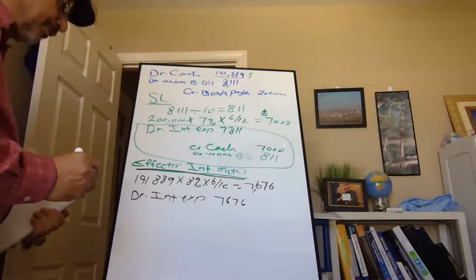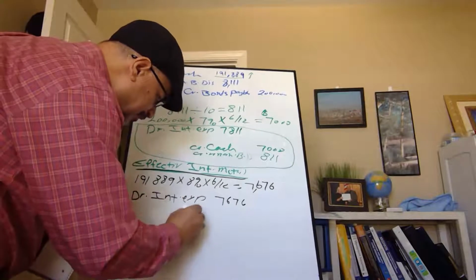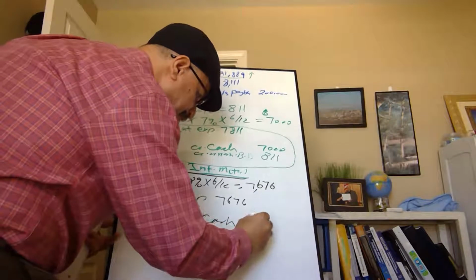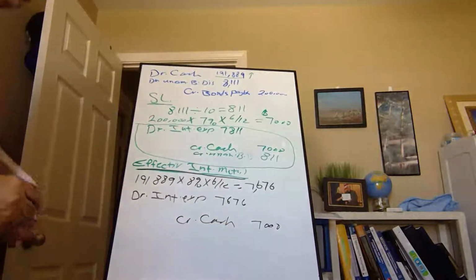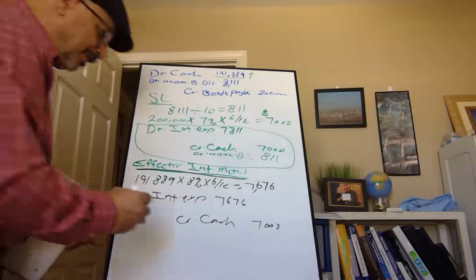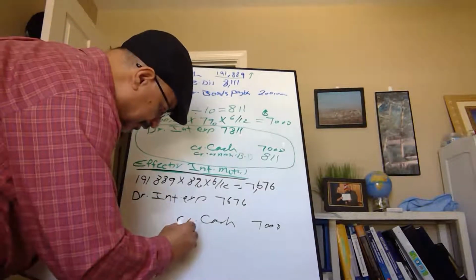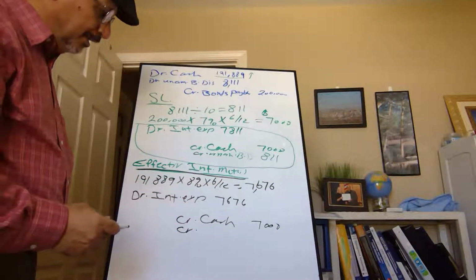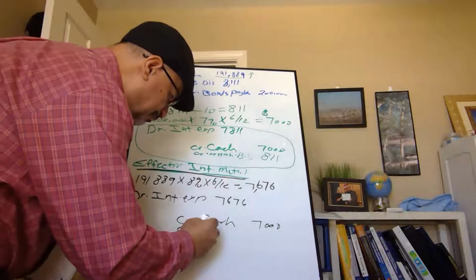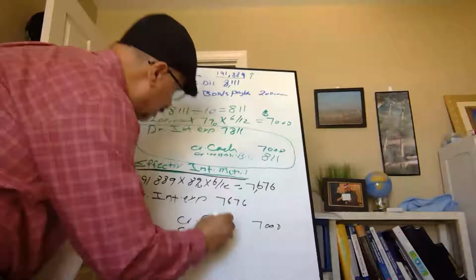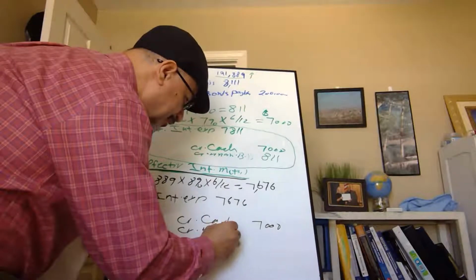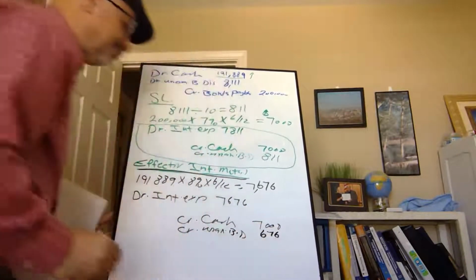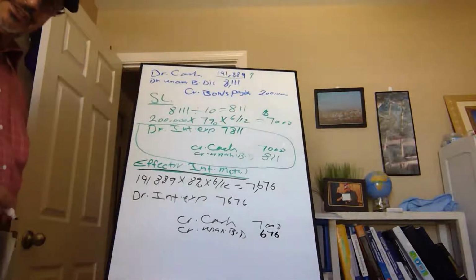Okay, and we are going to credit cash for 7,000, and the difference between the two we credit, in this case, to unamortized bond discount for 676.